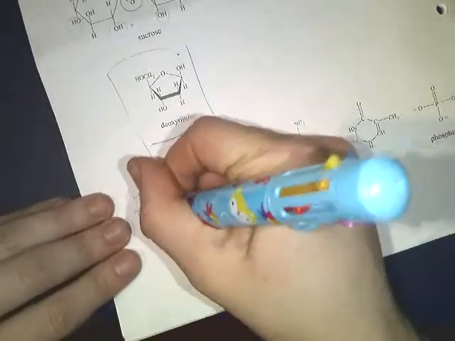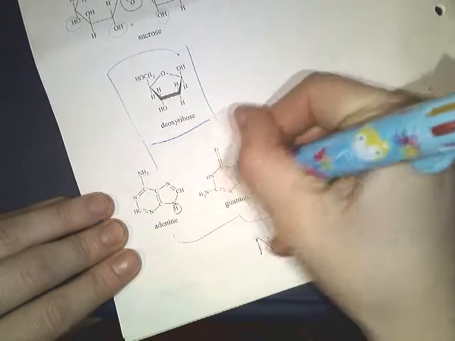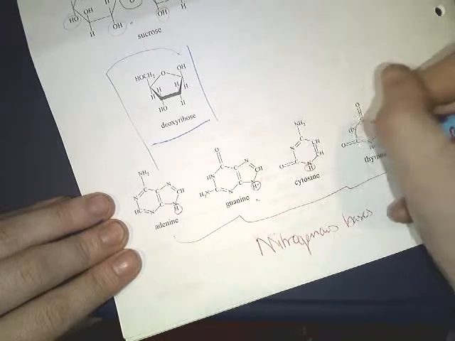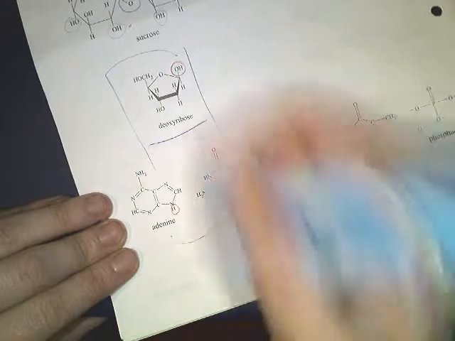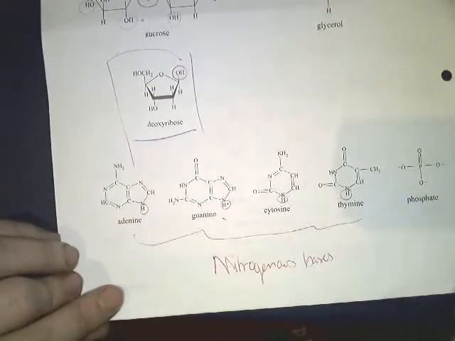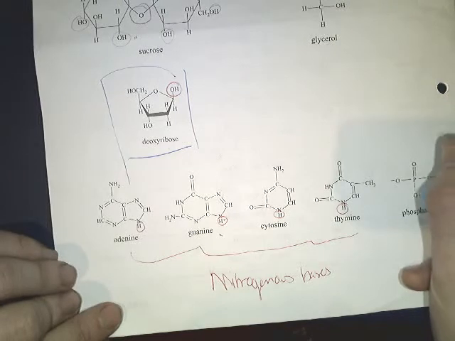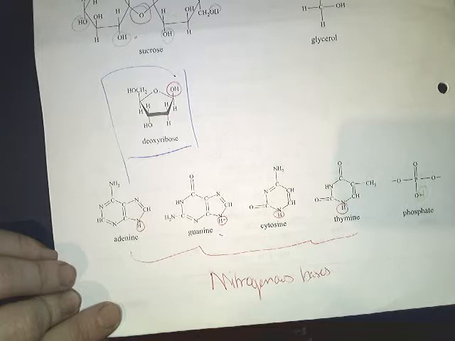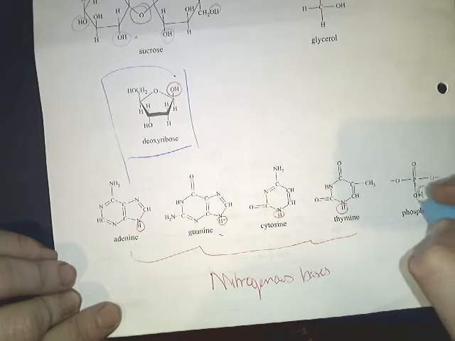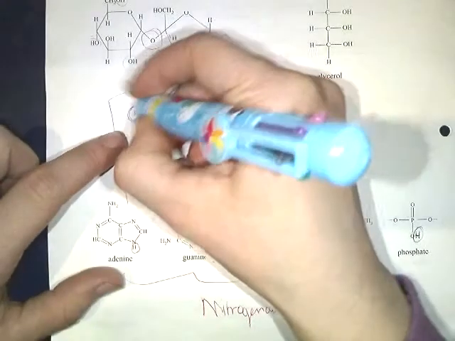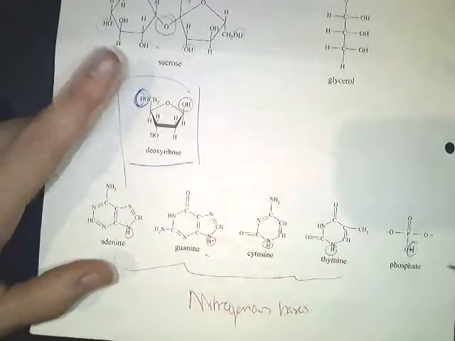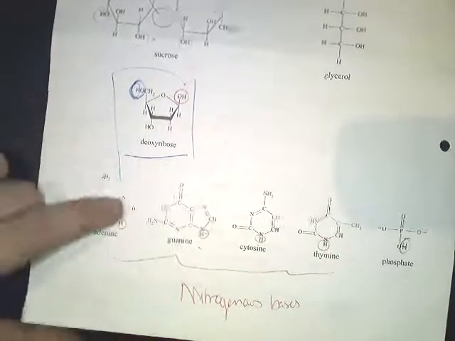So what bonds with what? Well, the NH bonds via a condensation reaction to the deoxyribose there. And then the phosphate, it's easier to think of it as a H there, bonds via a condensation reaction to the deoxyribose there.